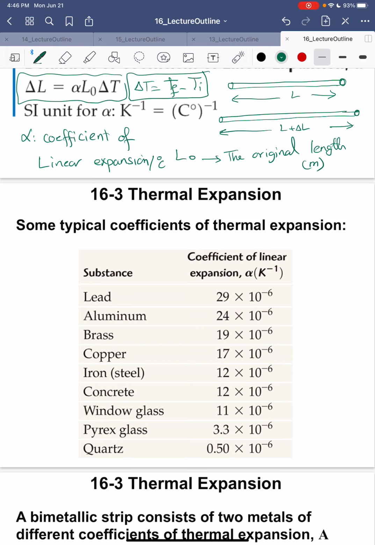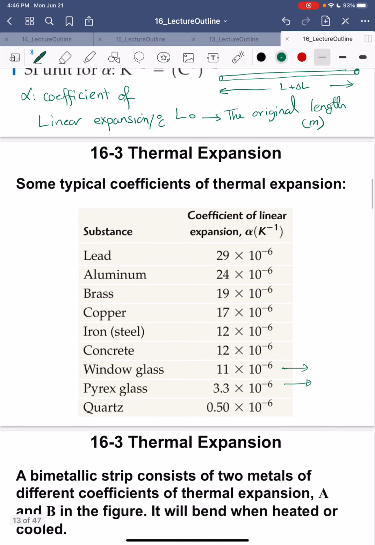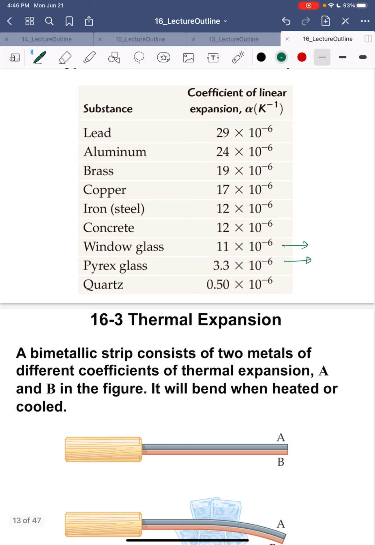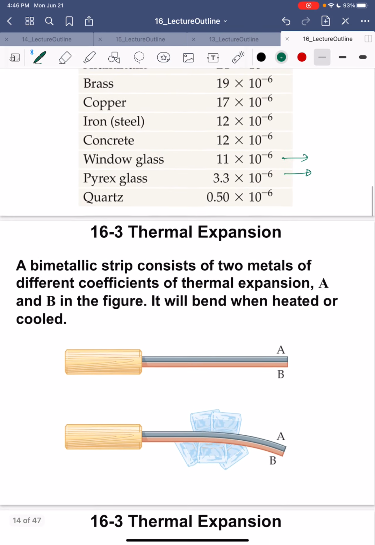One thing that I want you to pay attention to is the difference between the two glasses here. Pyrex glass, the one that you are using in chemistry labs, the test tubes, and even in cookware, some of the bands or stuff we are using, they are made of Pyrex glass. And you can see that it is really slowly expanding, whereas the window glass is 11, so there is a difference.